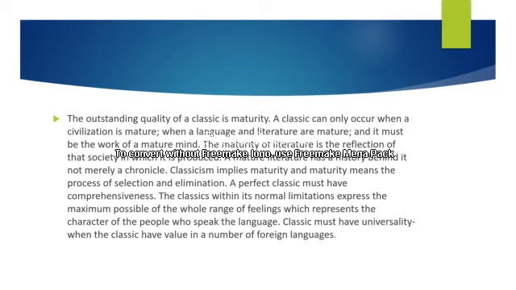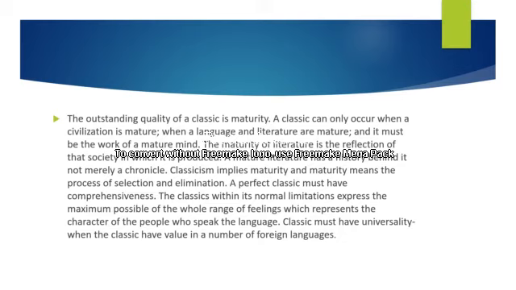We all know that literature is the reflection of that society as well as life, culture, that age, that background. So the maturity of literature is the reflection of that society in which it is produced. A mature literature has a definite history behind it, not merely a chronicle or a story.